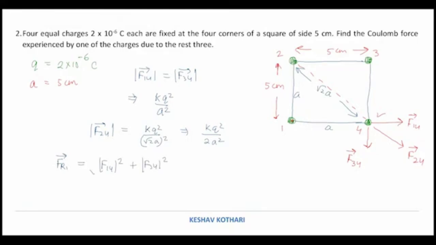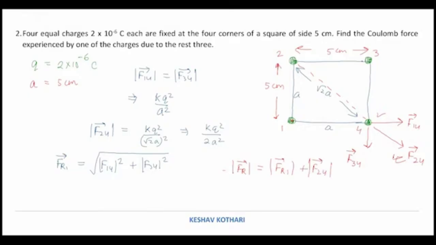It is because the two forces are at an angle of 90 degree, so their resultant will be along their angle bisector line, that is along F24. So the net resultant magnitude is going to be the sum of the magnitude of FR1 and the magnitude of F24.